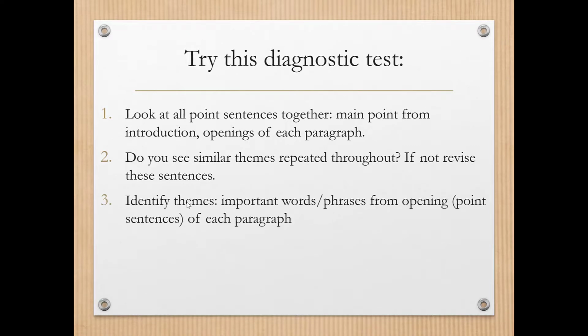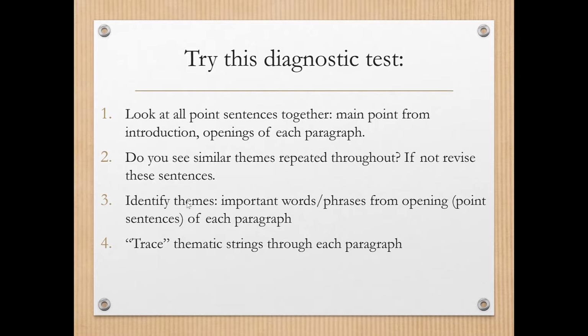Number 3, identify themes. Find those key important words or phrases from these point sentences, from these opening sentences, from each paragraph. You can identify these words and make sure that synonyms for them, or these words themselves, are recurring throughout the various paragraphs of your work. Trace these thematic strings throughout each paragraph.